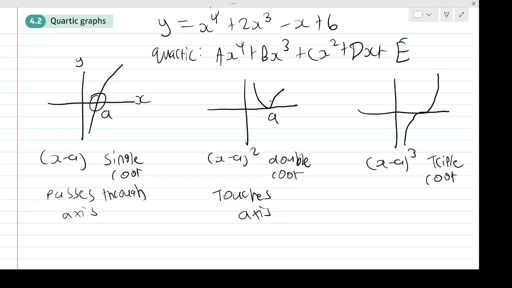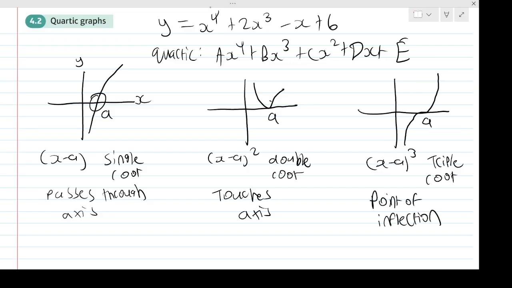So the point would be there in the middle somewhere. Instead of just passing through it and not changing course particularly, it starts to level off at the point. That'd be a triple root, and we call that particularly a point of inflection, when it looks like that.